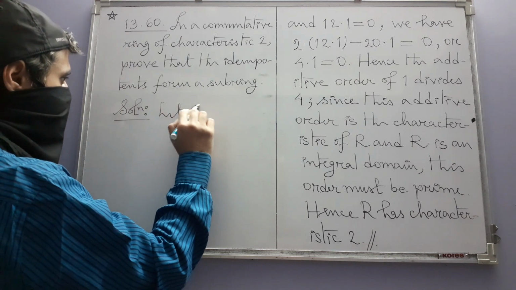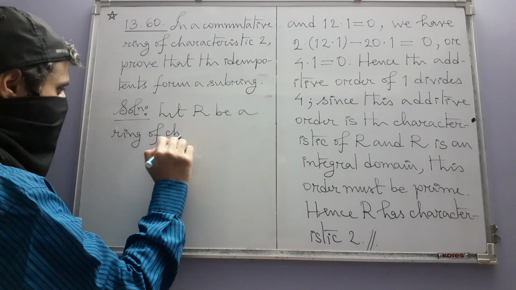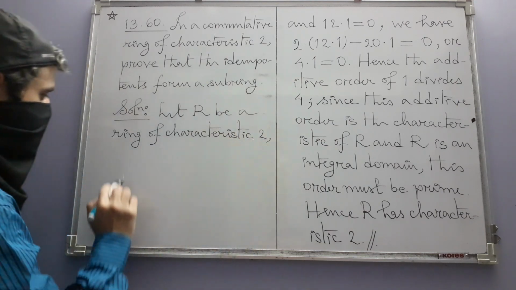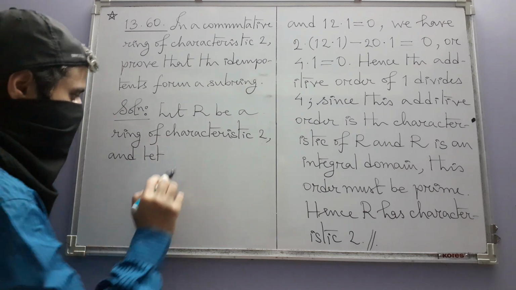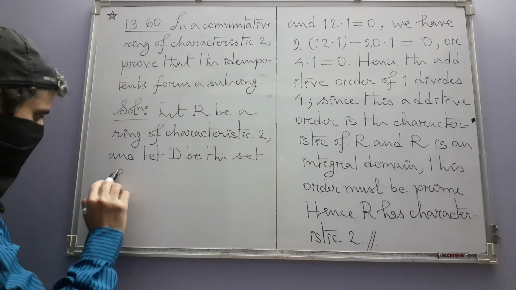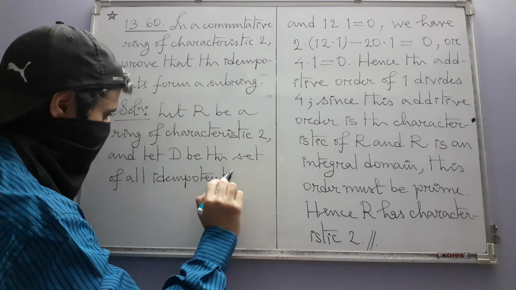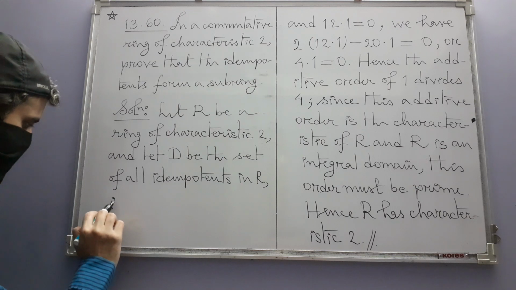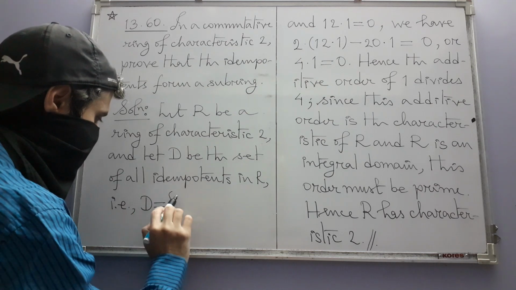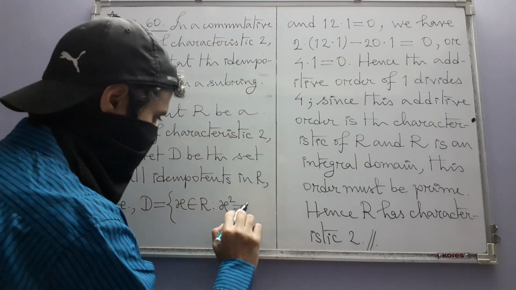Let R be a ring of characteristic 2, and let D be the set of all idempotents in R. And let's also write in detail what that means, i.e. D is the set of those elements in R such that if you square any one of them, then you get the element back.